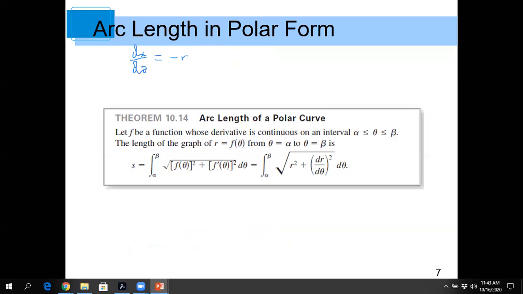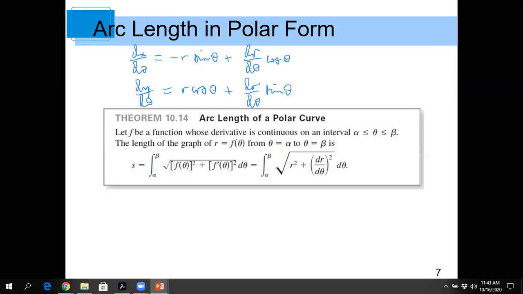That was minus r sine of theta plus dr d theta cosine of theta, right? And what was dy d theta? r cosine of theta plus dr d theta sine theta.